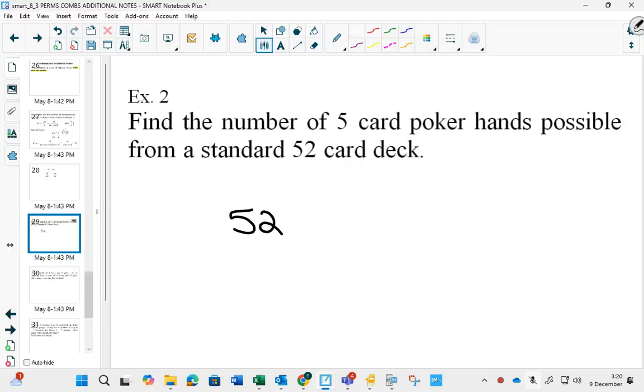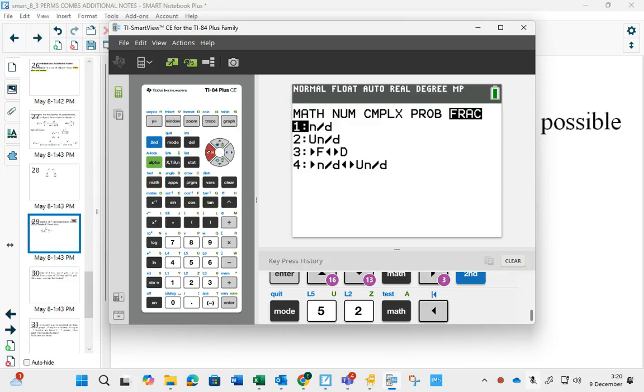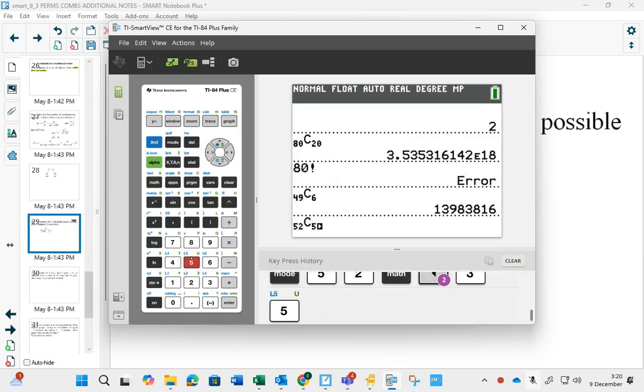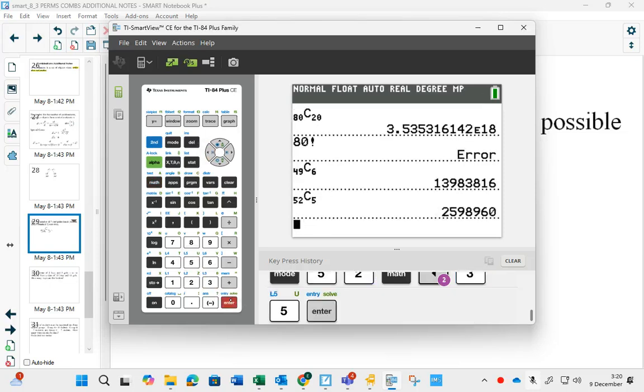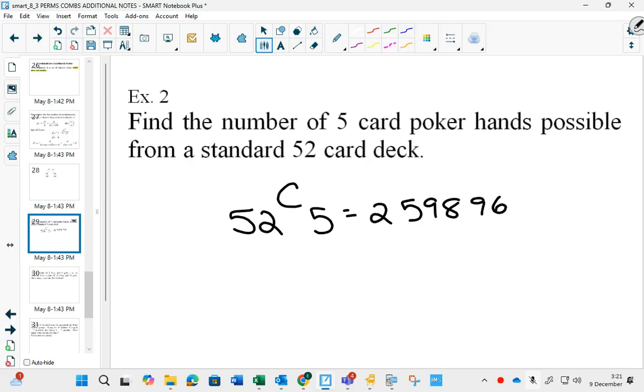Well, if you take 52 cards and you choose 5 of them, you get the total number of poker hands. So we go 52 choose 5, 2,598,960. Almost 2.6 million different poker hands.